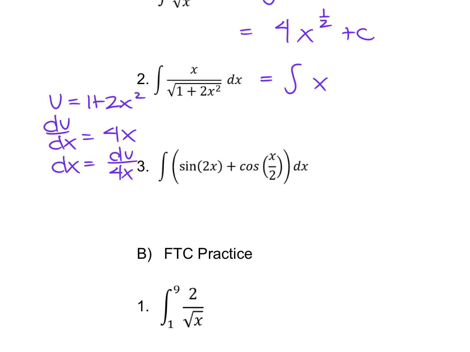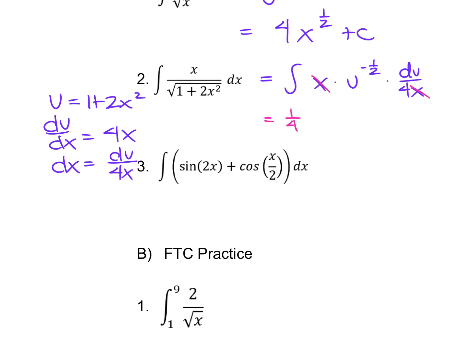What do I do with that square root thing? Yeah, we do u to the negative 1/2. And in place of dx, we put in du over 4x. This is the nice kind that we really like because what happens to our x's? They cancel. Good. So my x's cancel. And I can move my 1/4 out front, or I can integrate 1/4 u to the negative 1/2, whichever way you prefer.